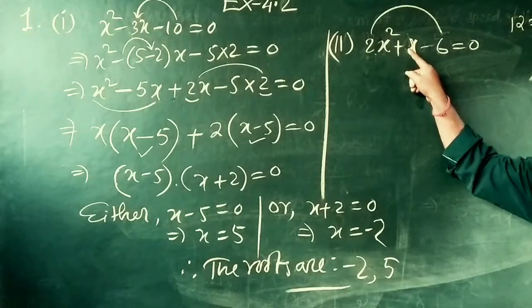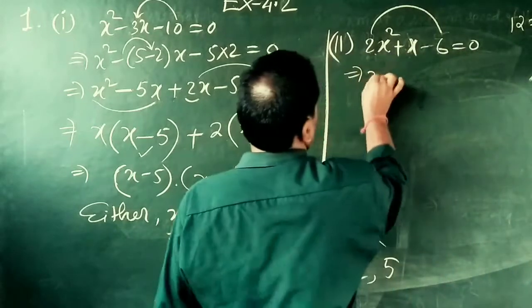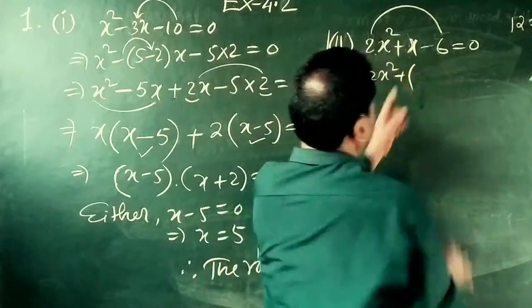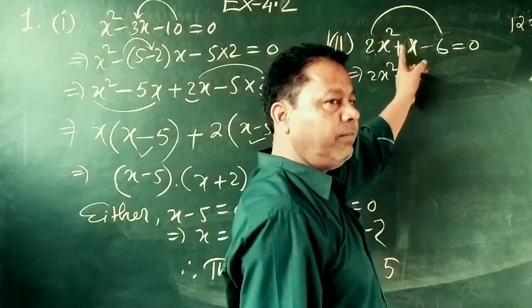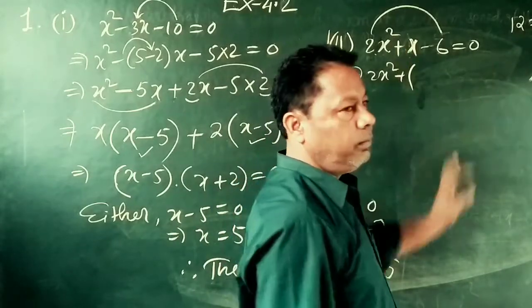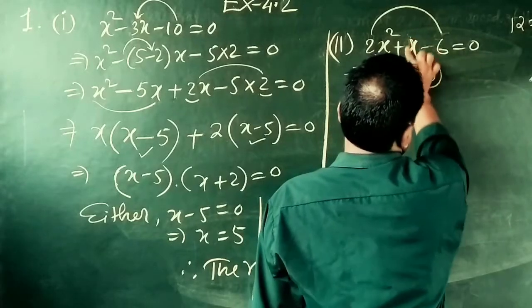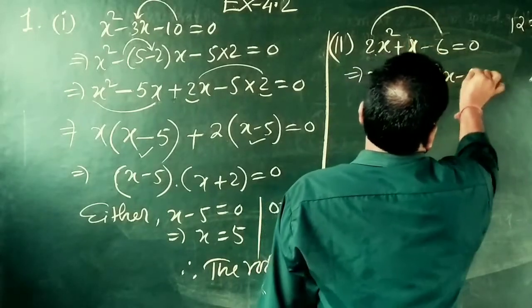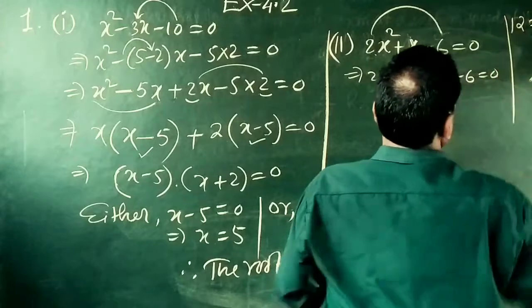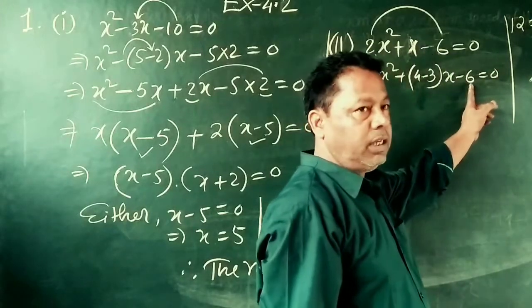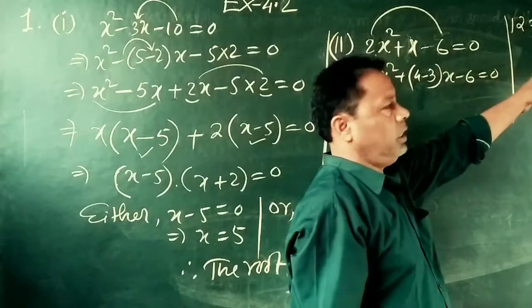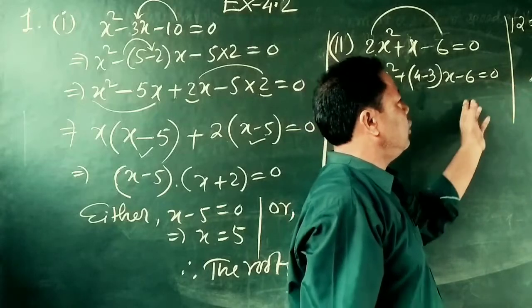Understand? So 2x square plus, before x 1 is there, and for 1 what is to be written? Now 4 minus 3, as 1 is the coefficient of x, minus 6 is equal to 0. Here we cannot write 4 and 3 as factors of 6 only.